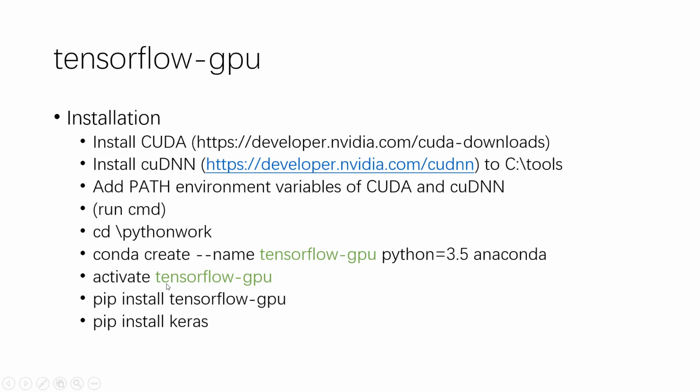And then you activate the virtual environment and install TensorFlow GPU, and you see that in this case there is a suffix GPU after TensorFlow. So basically you specify that the computer needs to install the GPU version of TensorFlow, and then pip install Keras.